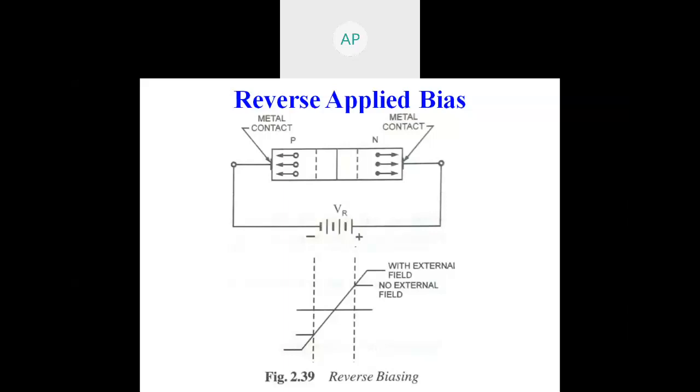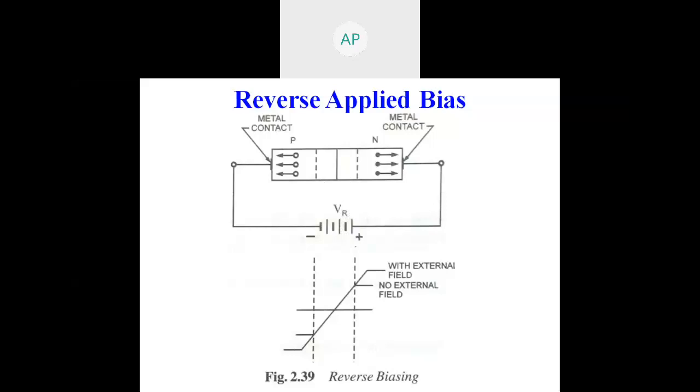The PN junction diode can be used as a switch, an open switch and a closed switch. When the diode is forward biased, it behaves as a closed switch, and if it is reverse biased, it behaves as an open switch.